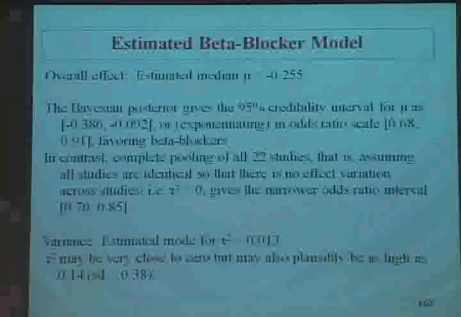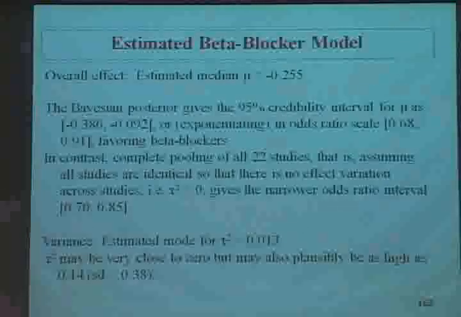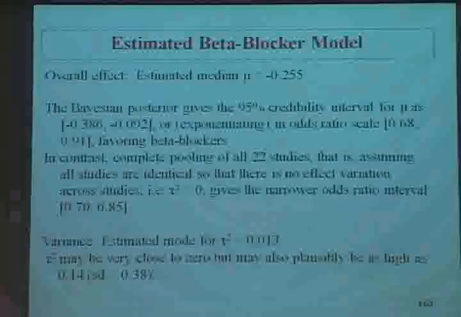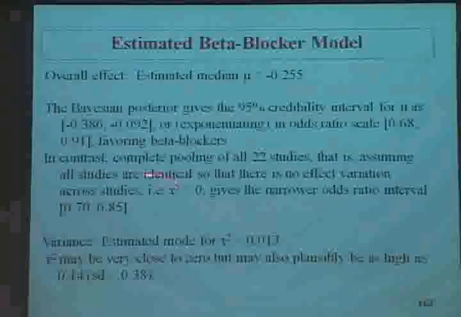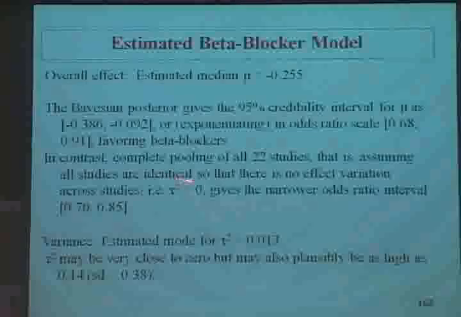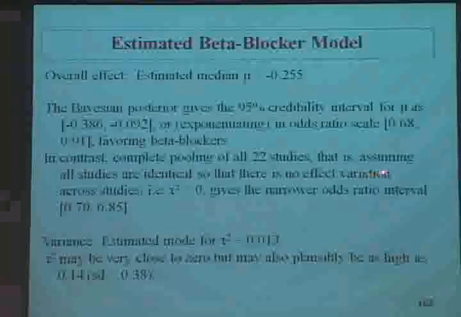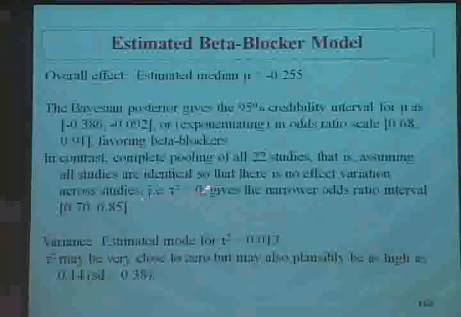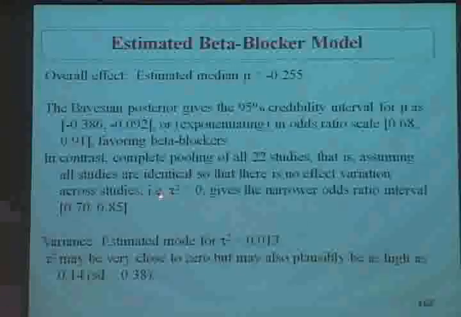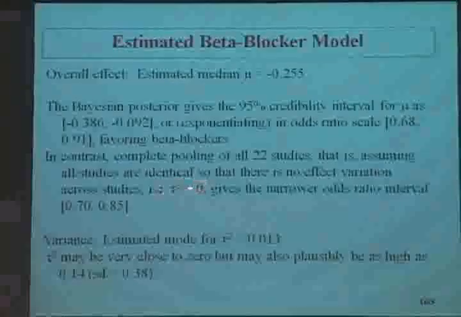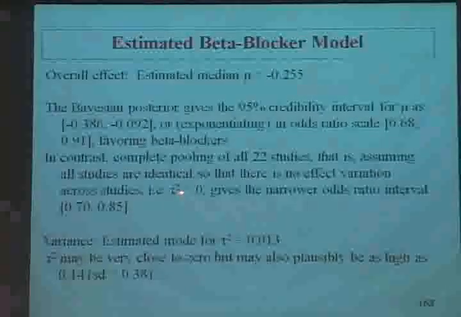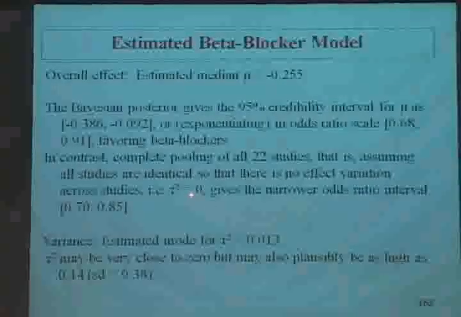Now, in contrast, what you could do is just add all the 22 studies together, pool all of them, which means that you assume that they are all identical, so that there is no effect variation across studies. That is, you're implicitly saying, excuse me, that the variance is 0, for which we saw positive results in the Bayes analysis.